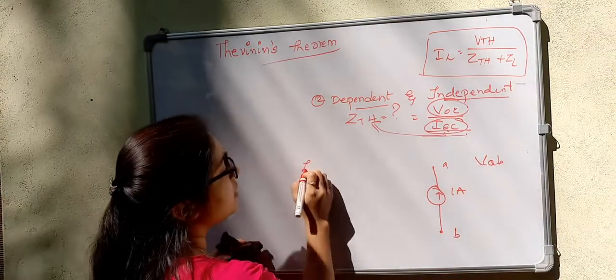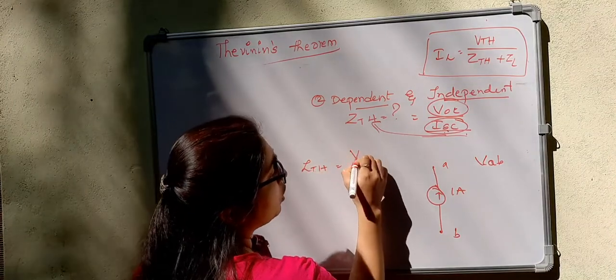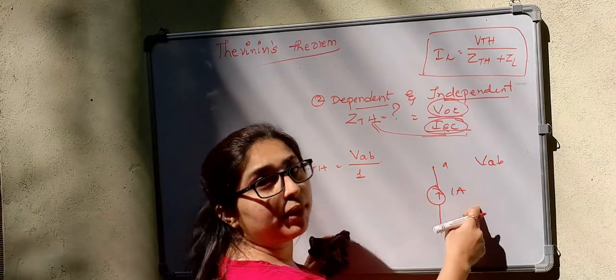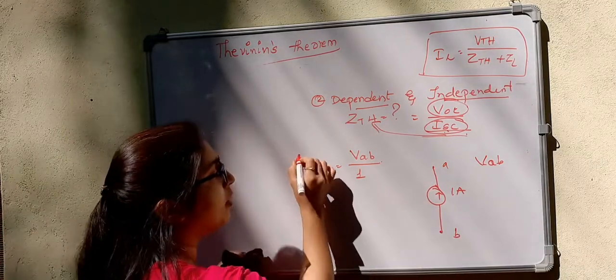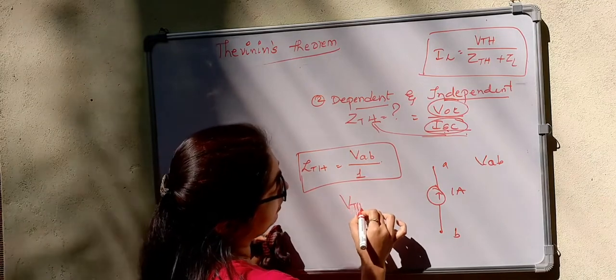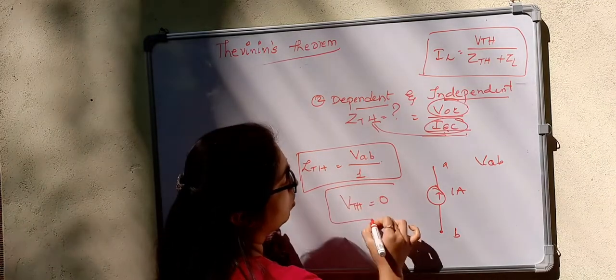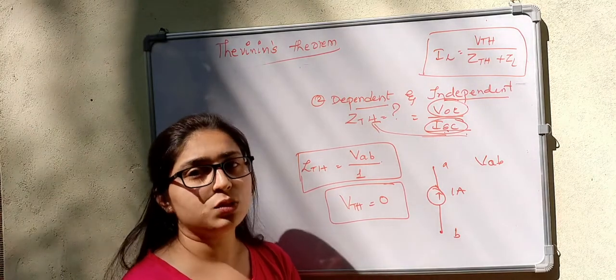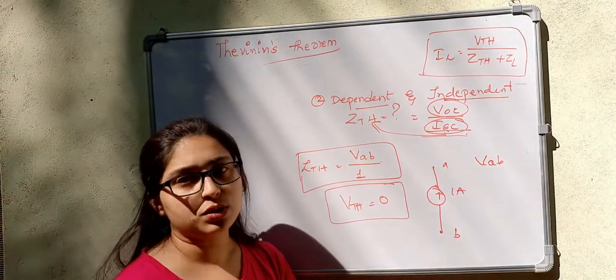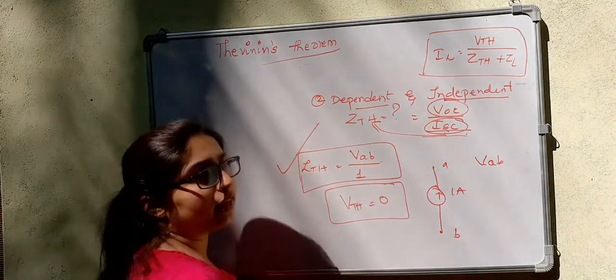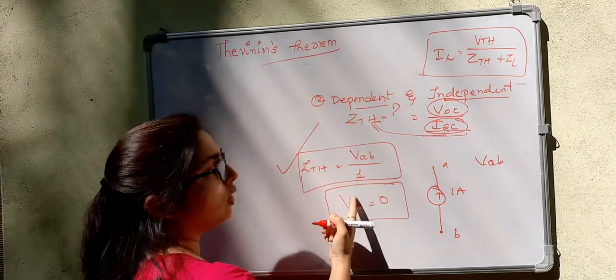Then your ZTH will be equal to VAB divided by 1 ampere, and VTH is equal to 0. That is when you have only dependent sources, because there are no active sources present to supply the current.